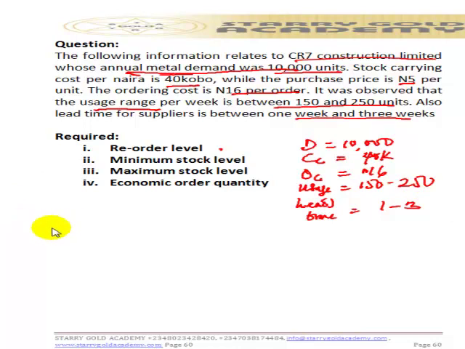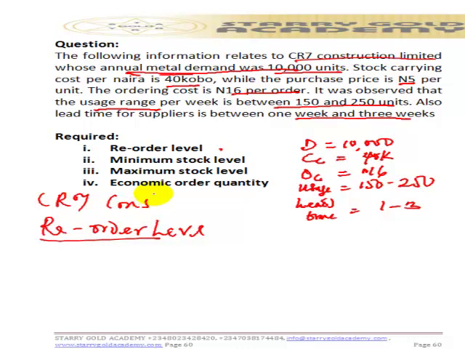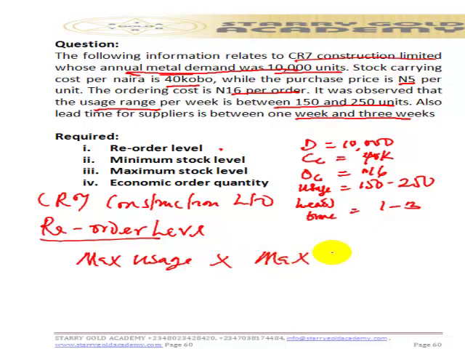So based on what we have, we can calculate our reorder level, and we are dealing with CR7 Construction Limited. So the reorder level is going to be the maximum quantity that is used multiplied by the maximum lead time.